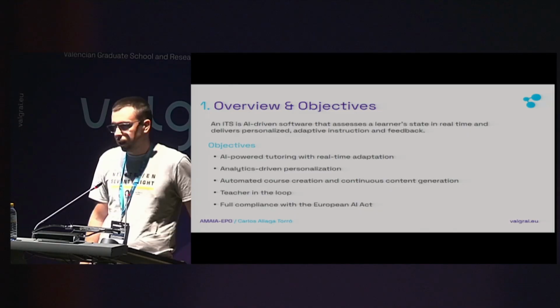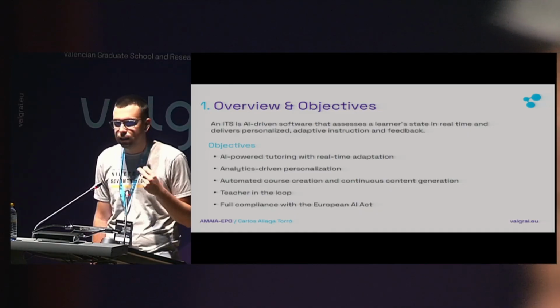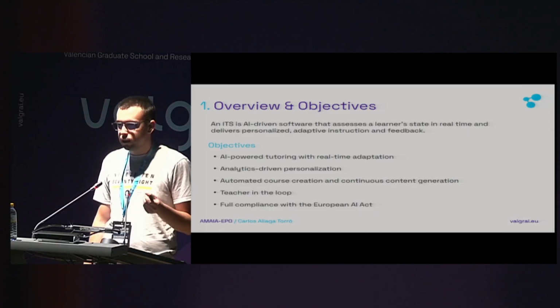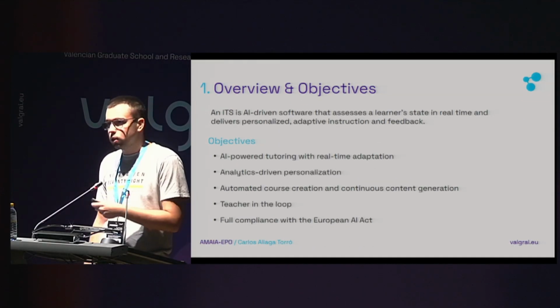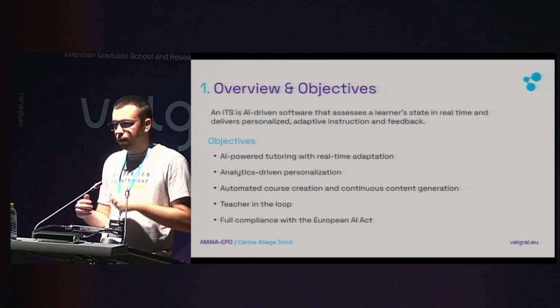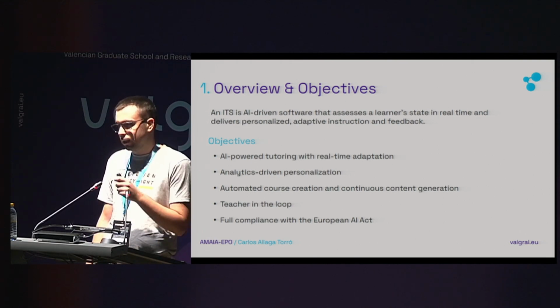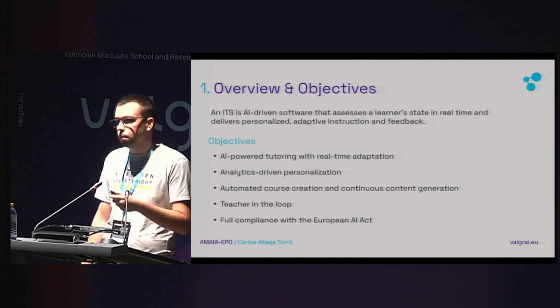First of all, we are talking about intelligent tutor systems, which are software that use artificial intelligence to help a student learn a concept, to assess, and keep a feedback loop in order to make that student more capable of learning things.